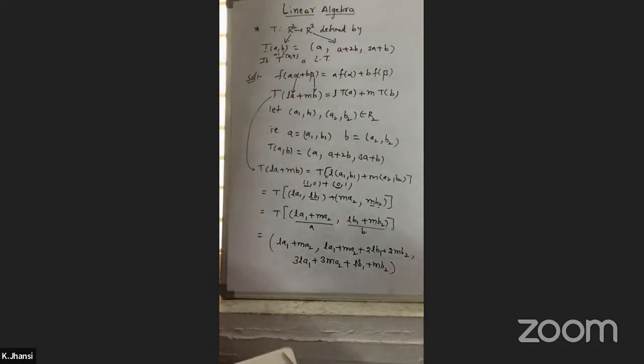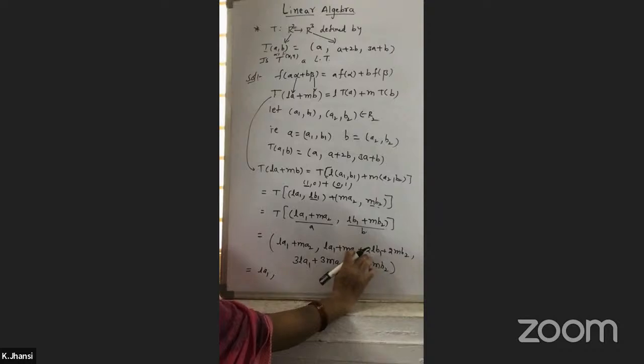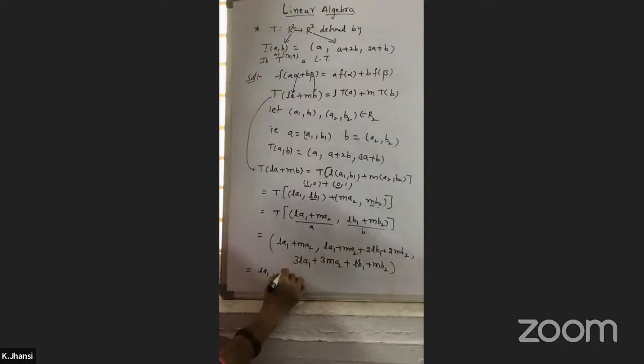If you take out all the L terms, what do you get? LA1, this is the single term here. From the first term, only LA1 is there. From the second, LA1 plus 2LB1.